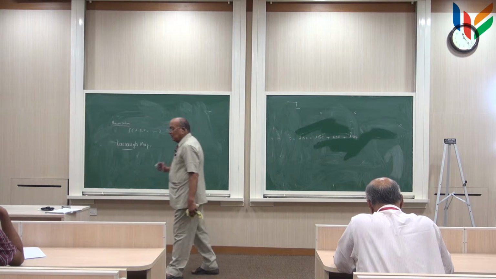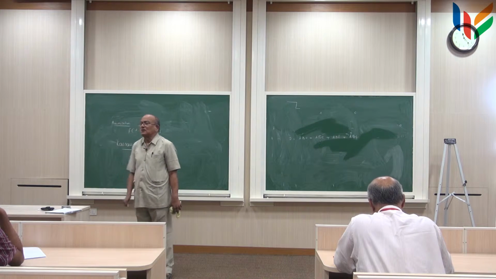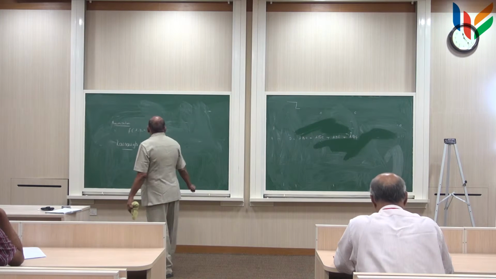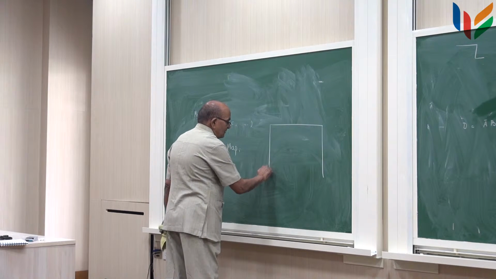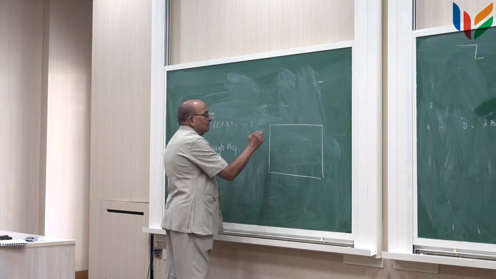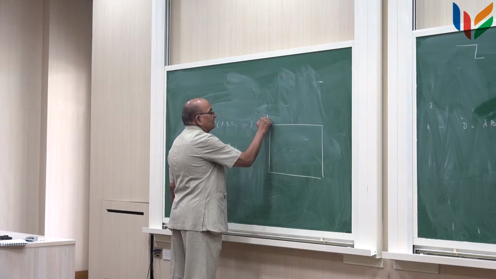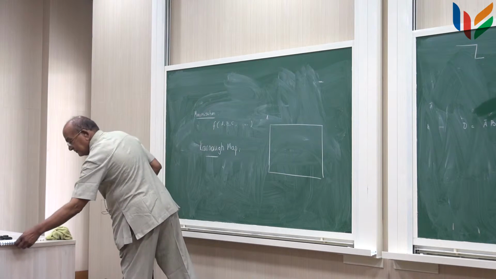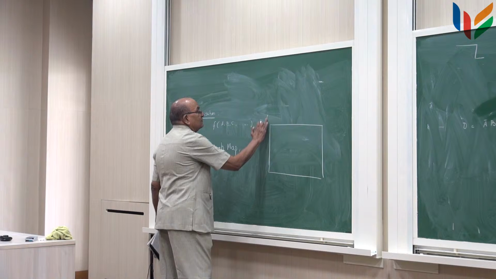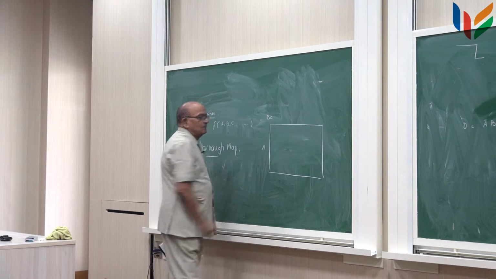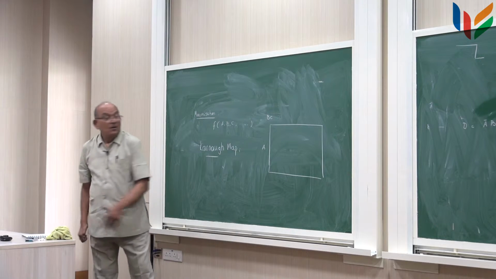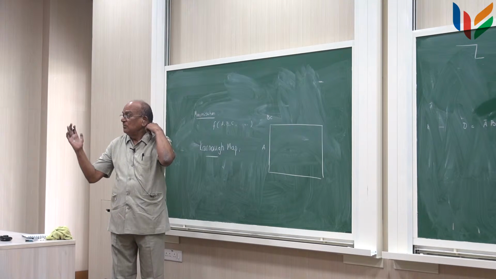How do I graphically represent this? I draw a table. BC, 2 variables.